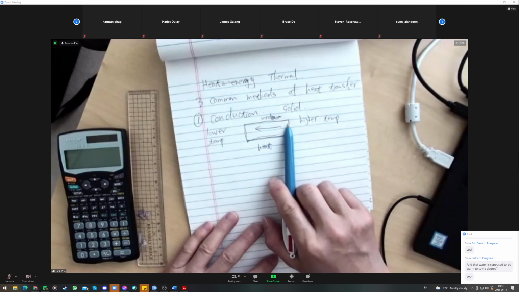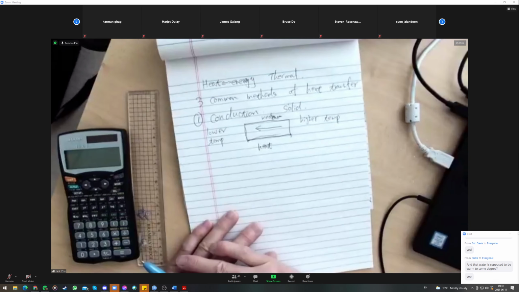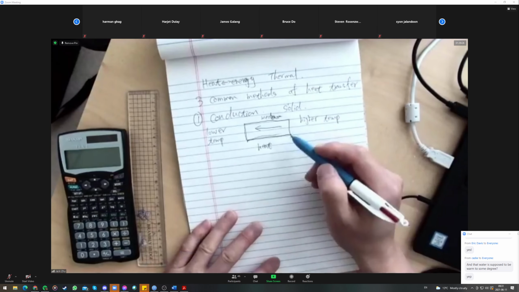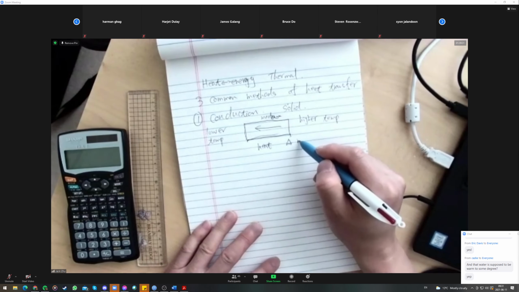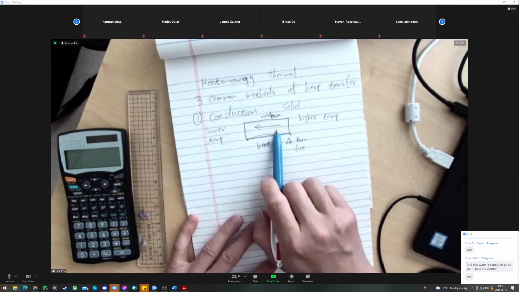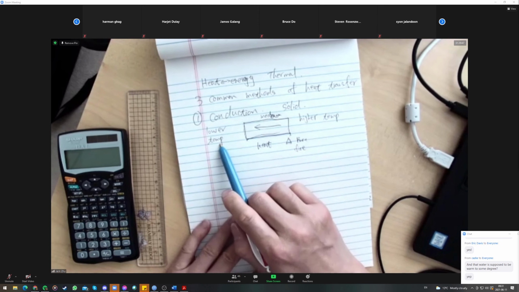Let's say you have a solid piece of metal, metal will be much quicker. If you put some kind of burner or fire under this side, it will increase the temperature on this side, and through this piece of solid material, the heat will transfer to the other side. So this is considered conduction.